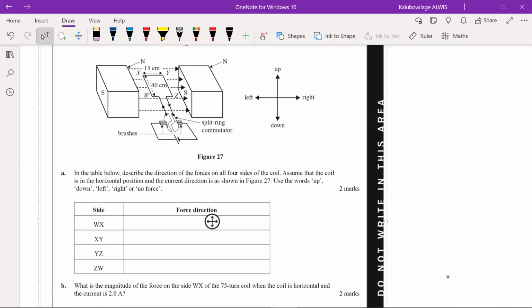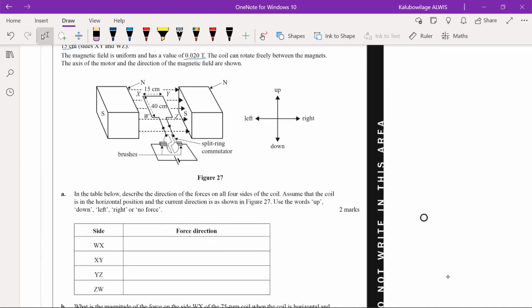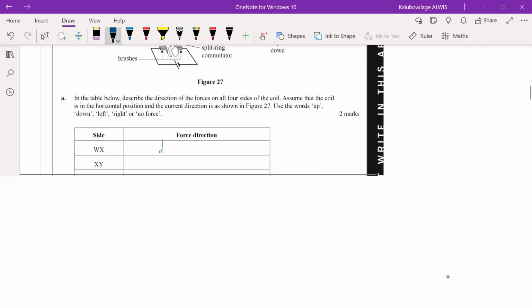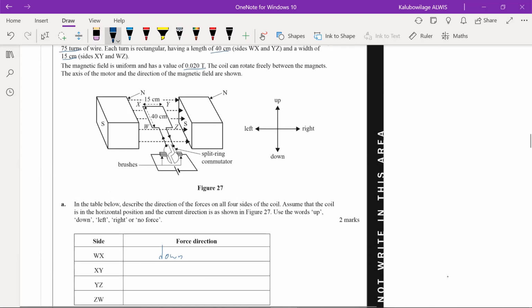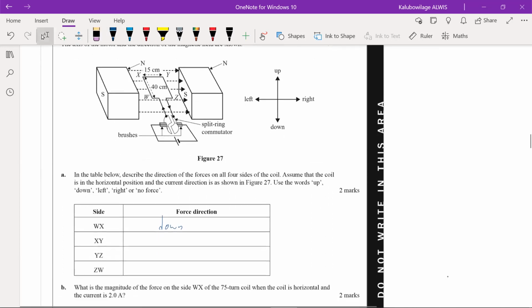Here, north, using the right-hand grip rule, it's down, and in the sides parallel to the magnetic field there should be no force. The same for the other side, and then using the right-hand palm rule again, up, Y to Z.